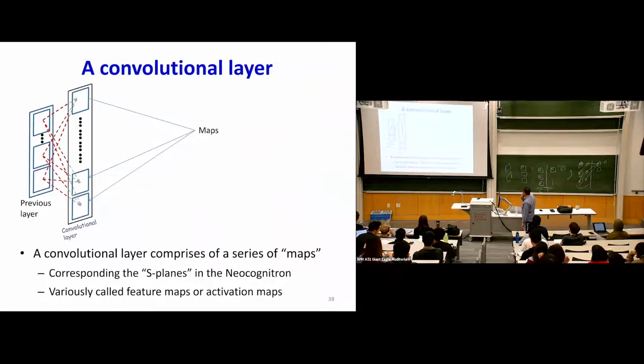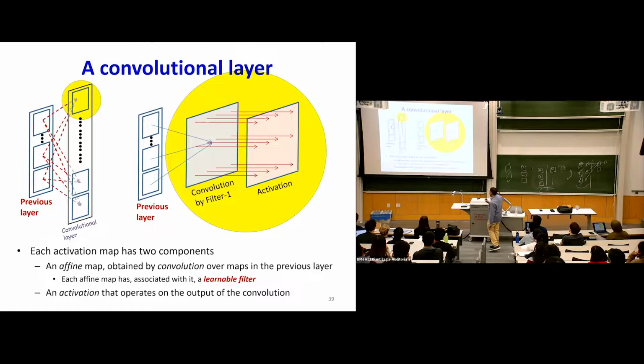So what does the convolution layer look like? A convolution layer is going to look at the collection of maps produced by the previous layer. And as I said, each cell over here is going to look at corresponding regions of all of the maps in the previous layer. So within the convolution layer, you have two components. First, you compute the affine values from the outputs of the previous layer, and this is going to give you an affine map.